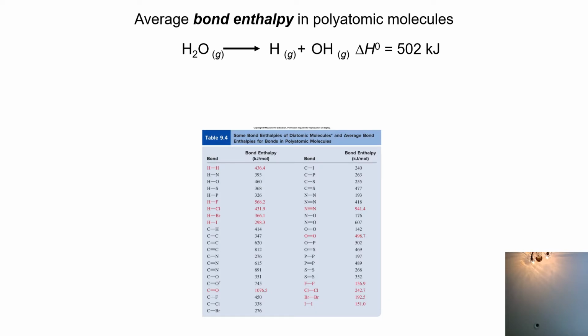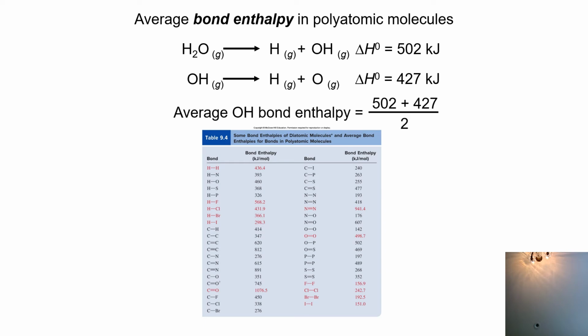Water, the delta H for breaking water into hydrogen ions and hydroxide ions is endothermic, a positive delta H of 502 kilojoules versus OH broken down to H and O, 427 kilojoules. So we can average that enthalpy to come up with 464 kilojoules for the breakdown of that molecule.